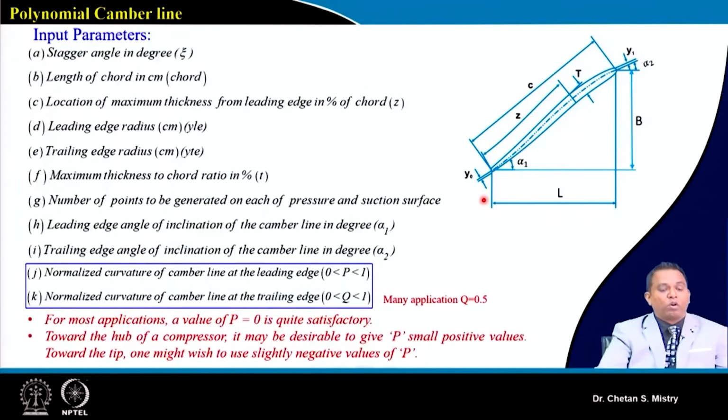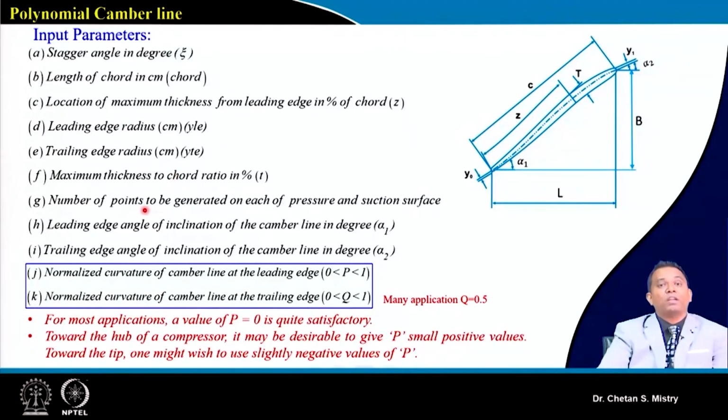Now let's see what input parameters we are looking for in order to develop this camber line. Suppose we are looking for a polynomial camber line, we are looking for data such as the stagger angle, the length, the maximum thickness in terms of percentage chord, leading edge radius, trailing edge radius, maximum thickness to chord ratio.